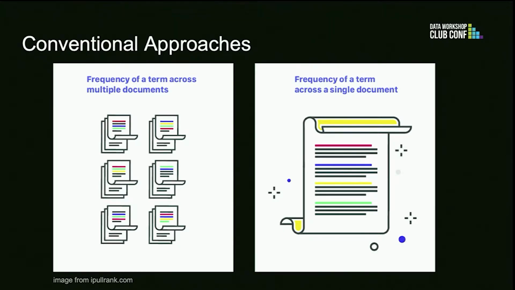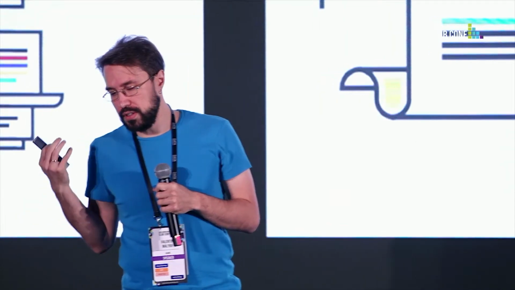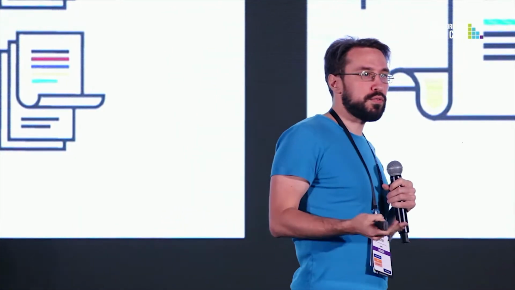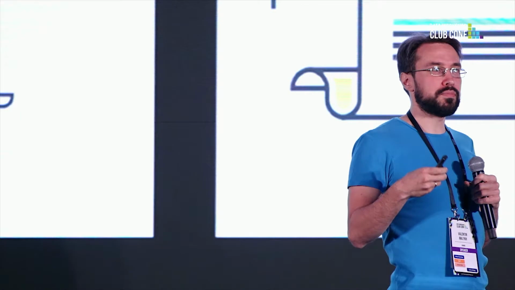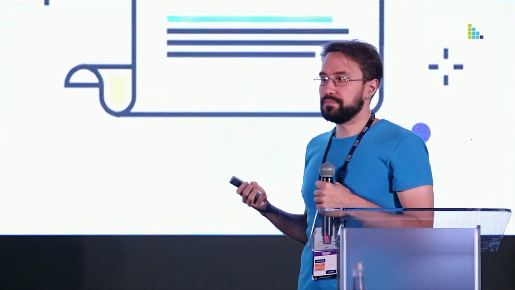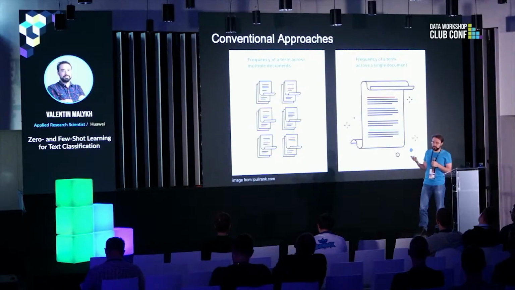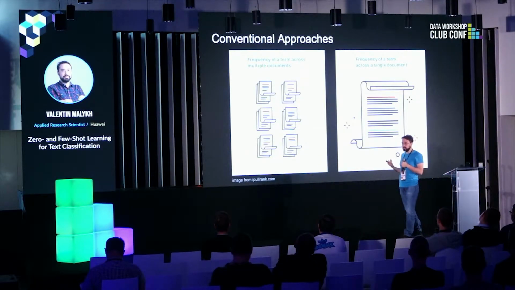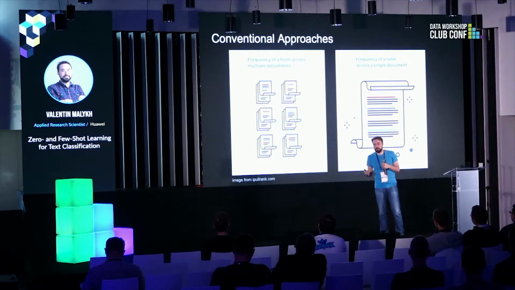Okay, so the first conventional approach that I'd like to share with you is so-called TF-IDF. TF is term frequency, IDF is inverse document frequency. What is it actually? The term frequency itself is how often this term, or word for simplicity, is used in this particular document.